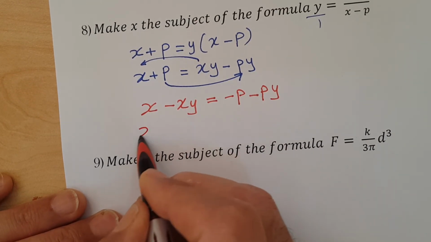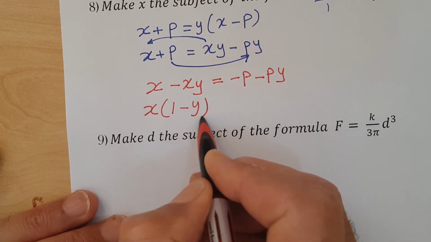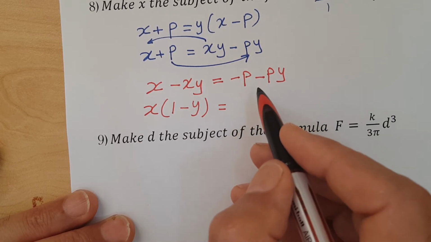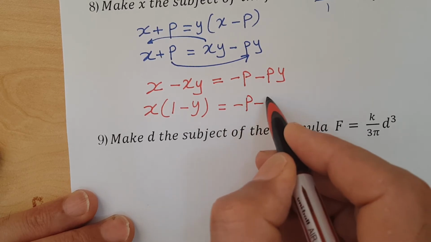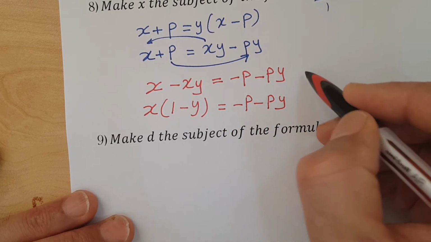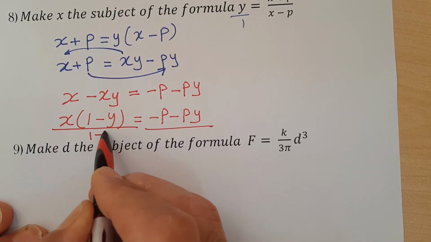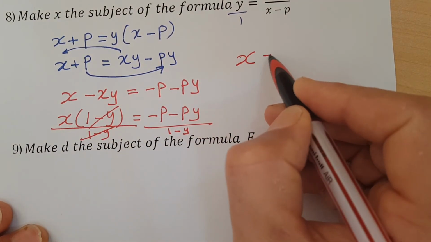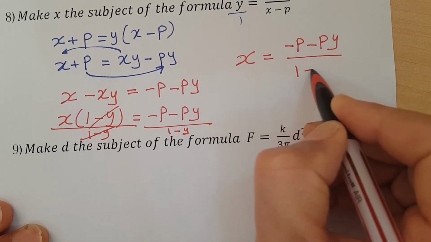So you can take x as a common factor. x into 1 minus y is equal to negative p minus py. So finally, for x, just divide each side by 1 minus y. Okay? So x finally is equal to negative p minus py over 1 minus y.